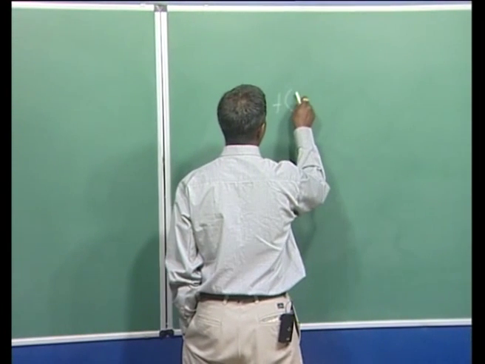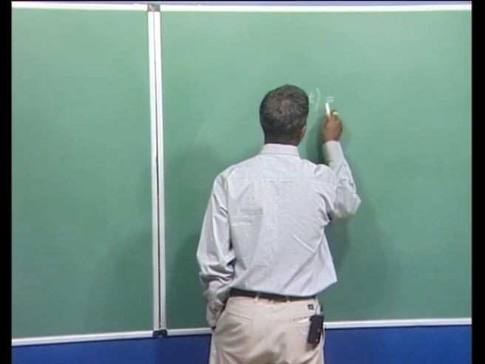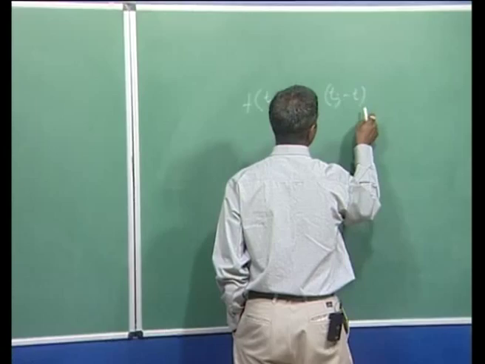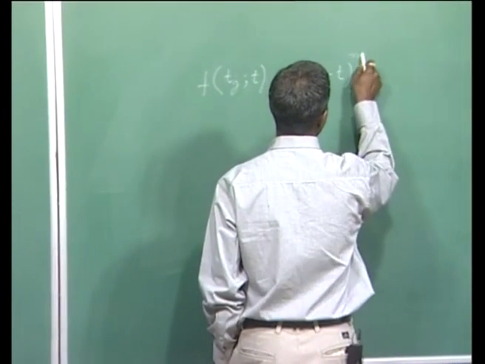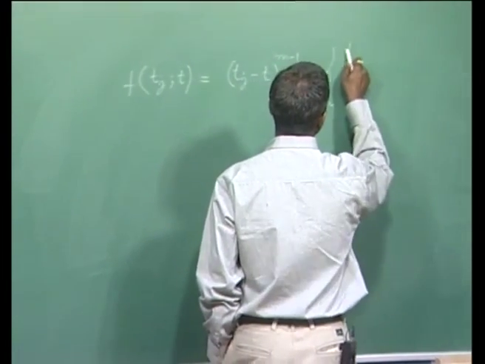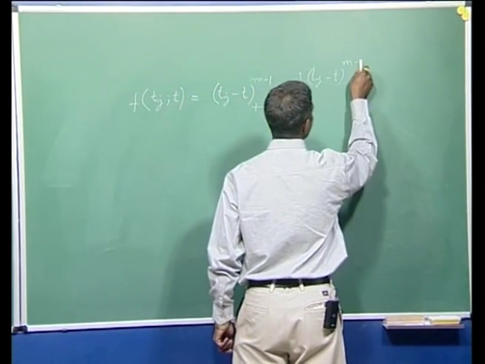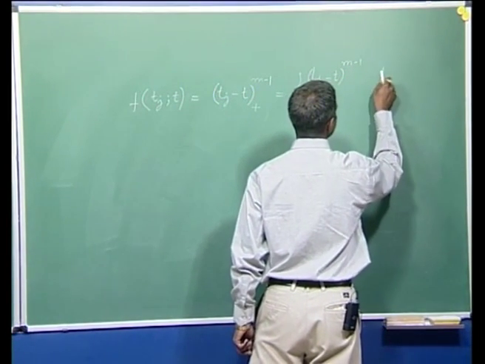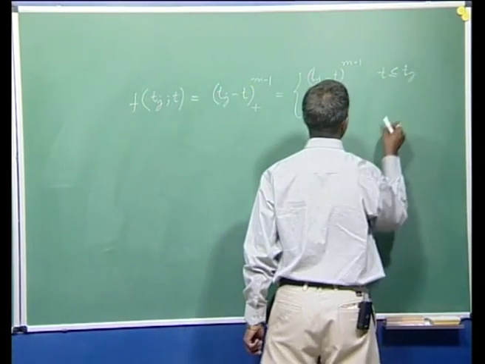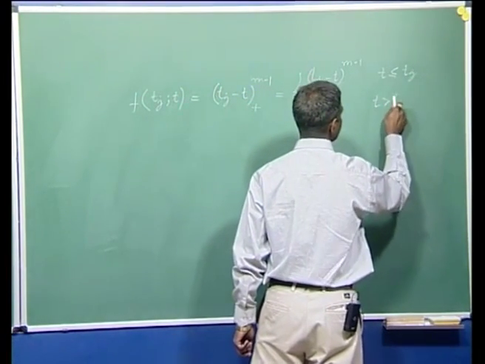So this is what I had mentioned before. f(tj : t) can be written as (tj minus t) truncated m minus 1, and this is equal to (tj minus t) raised to m minus 1 for t smaller than or equal to tj, and this is equal to 0 for t greater than tj.